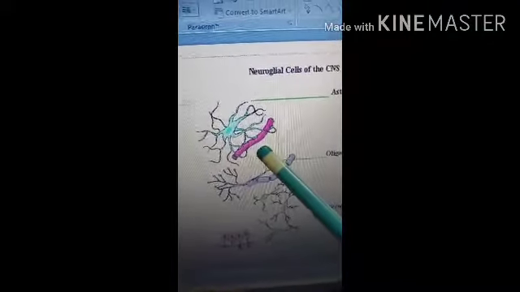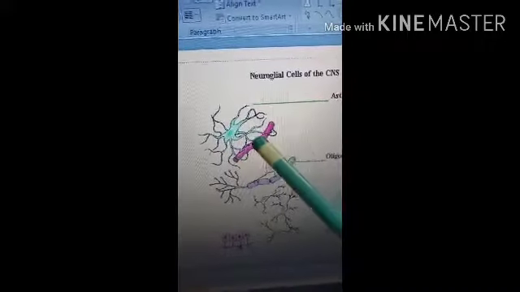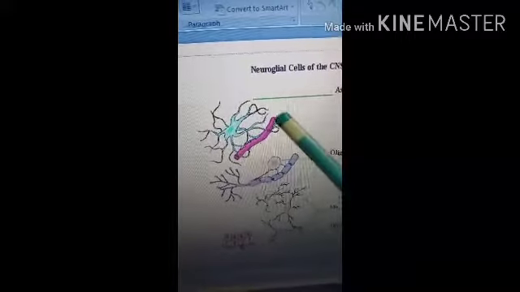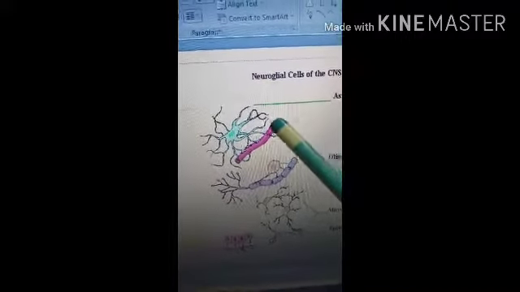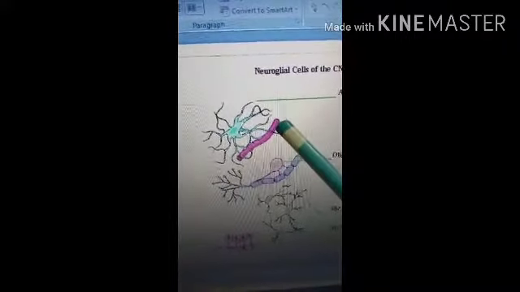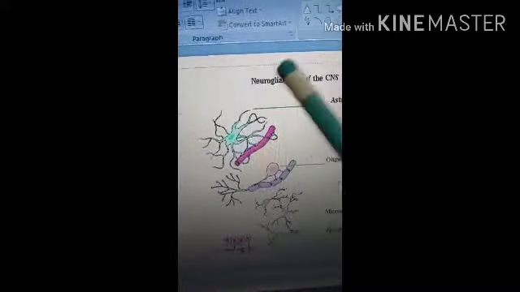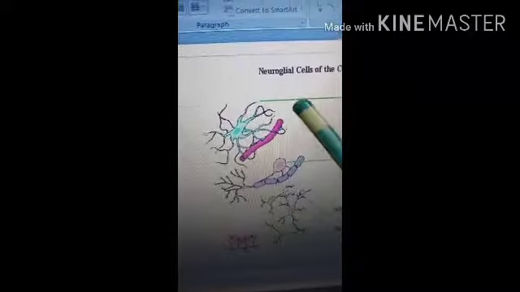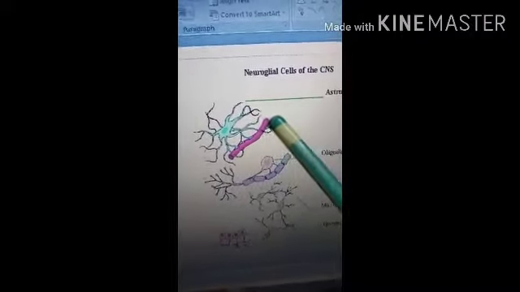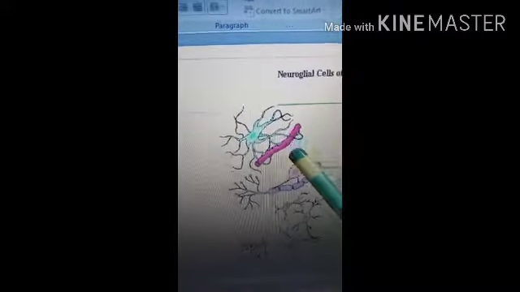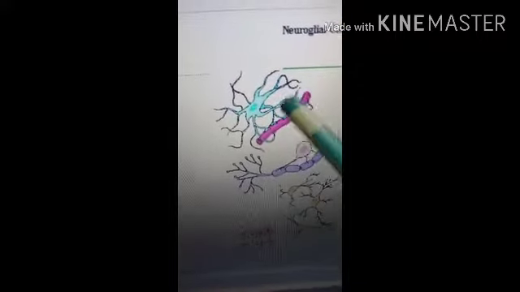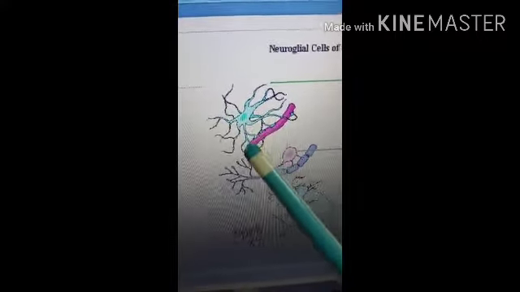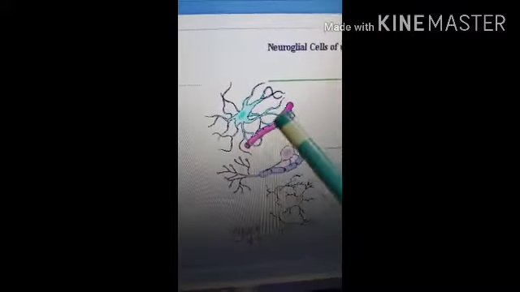The blood is separated by the capillary wall, the endothelial cell, and the layer of the astrocyte foot process, which together constitute the blood-brain barrier. And the blood-brain barrier protects the CNS from the different toxins which are soluble in the blood. So that is a very important function which is done by the astrocyte, because of the attachment of the astrocyte to the blood capillaries.